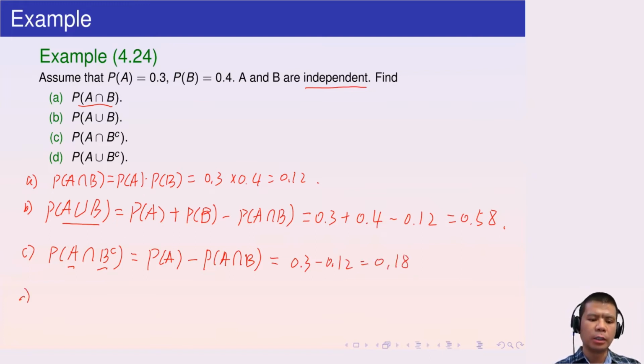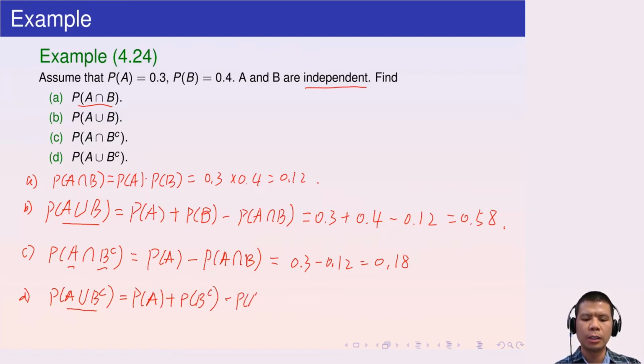And finally, D, probability of A union B complement. Since it is a union, we use the addition rule, right? Probability of A plus probability of B complement minus the probability of A intersect B complement. Probability of A is 0.3.